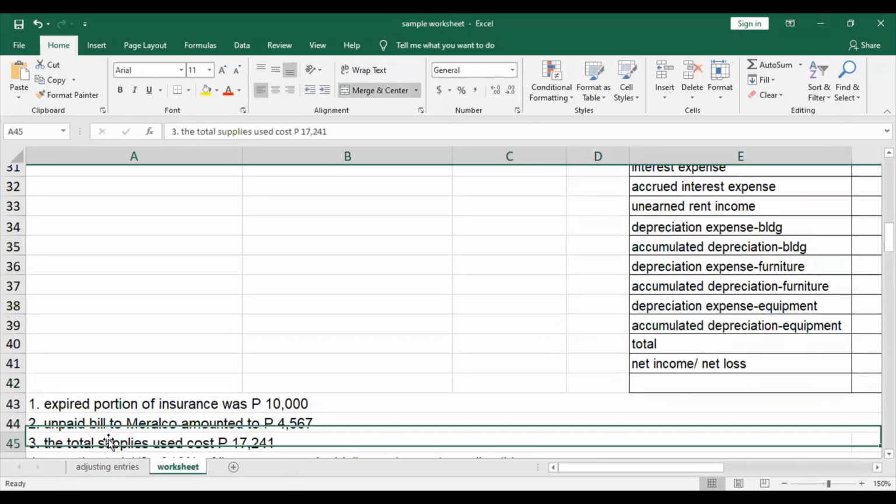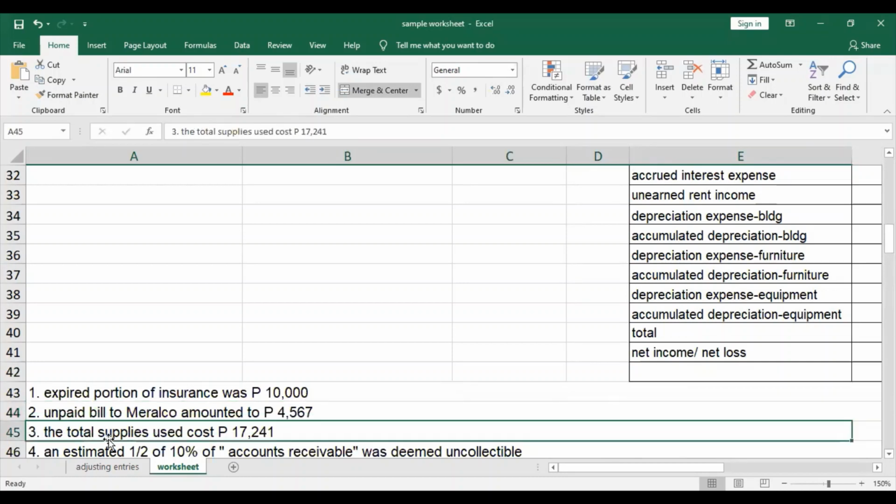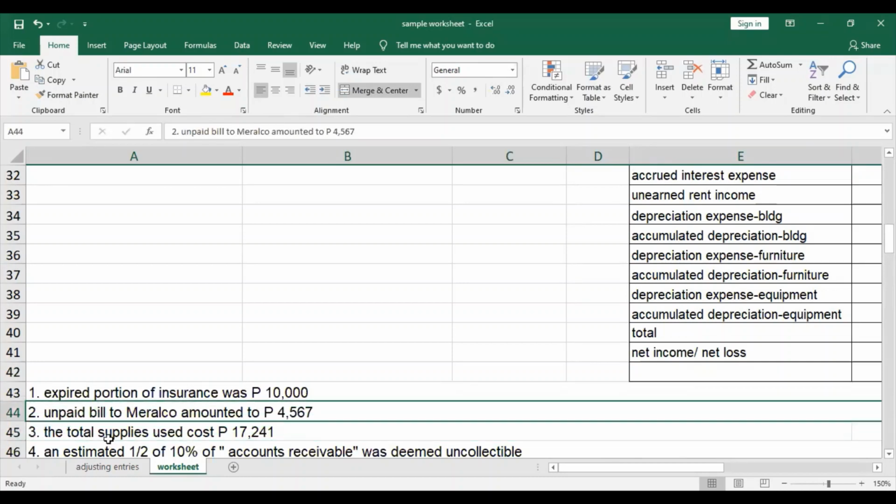Next is unpaid bill to Meralco amounted to 4,567. Meron ka daw unpaid bill sa Meralco. Ang indication nito, kung meron kang unpaid bill sa Meralco, malamang sa malamang, meron kang consumption of electricity. And consumption of electricity and water is under our utilities expenses.